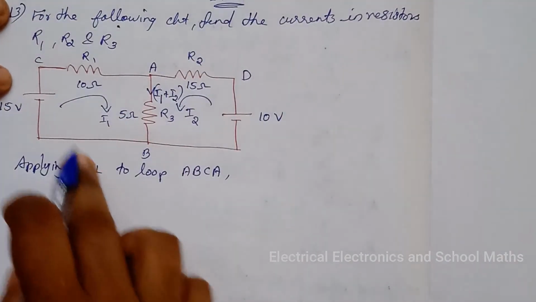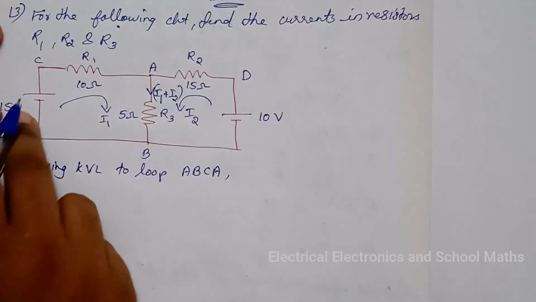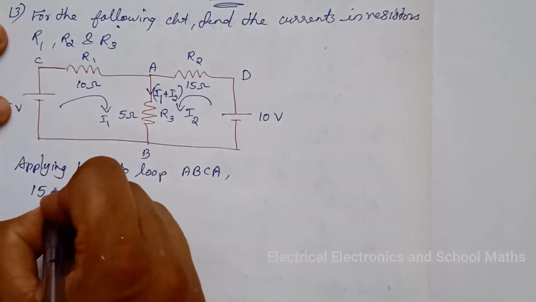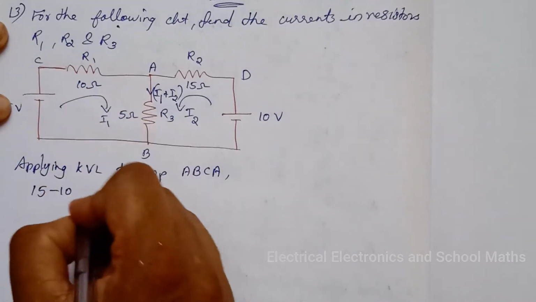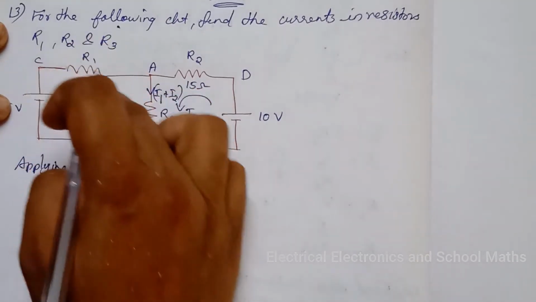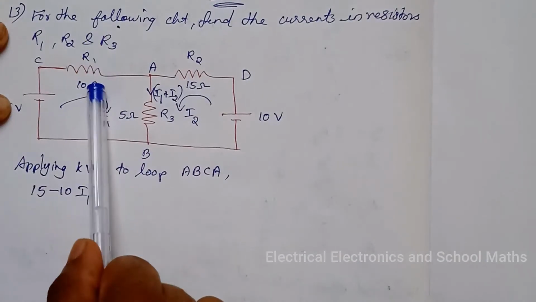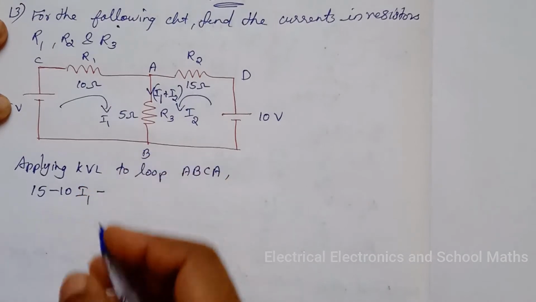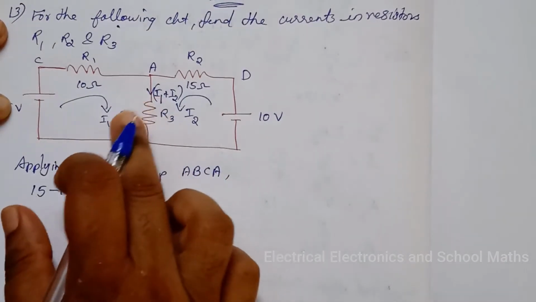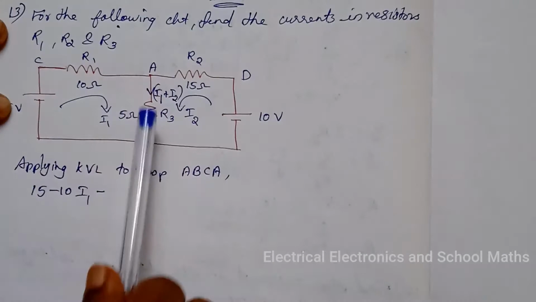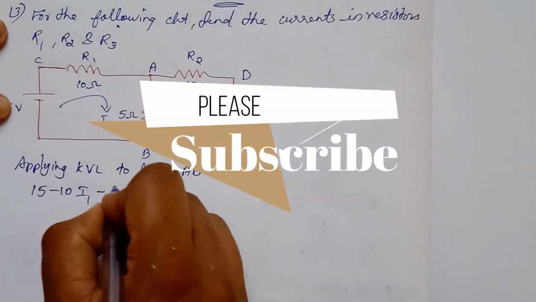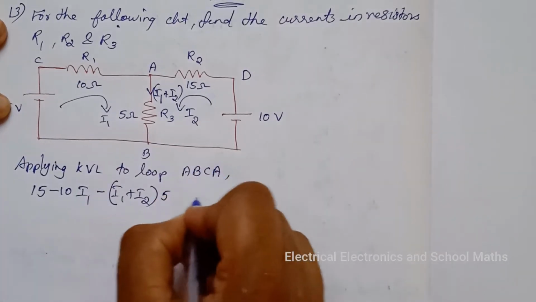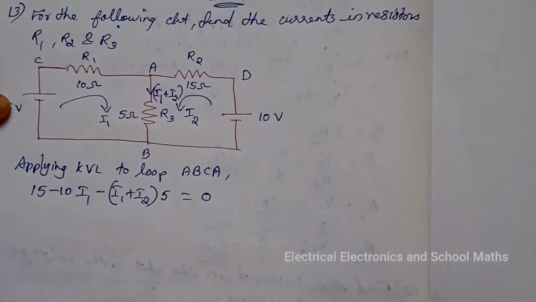So applying KVL in this loop, we get 15 minus 10 I1. 10 into I1 is the voltage drop in the resistor R1. And in this resistor, the voltage drop is current into resistor. That is, current is the sum of these two currents, that is, I1 plus I2 into 5 equal to 0.